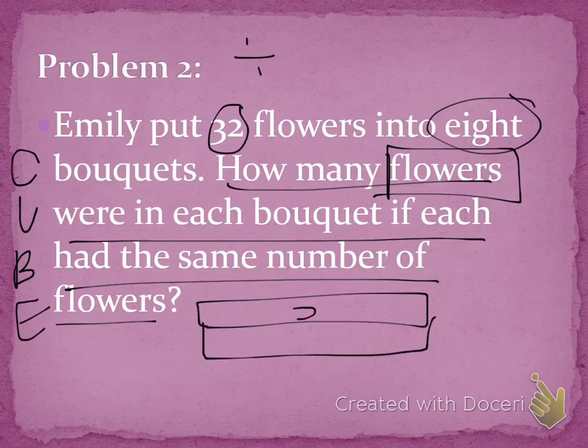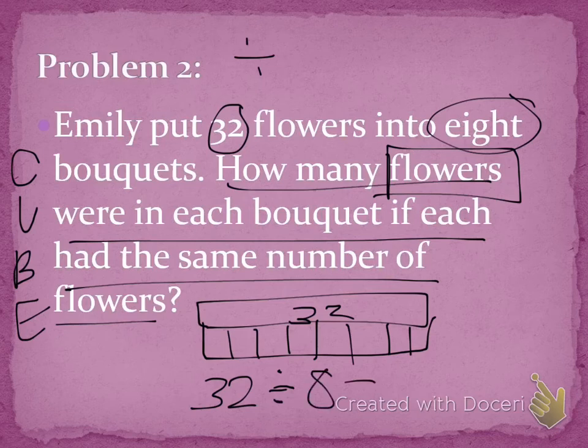I know that I'm going to have 32 flowers. And then I split the bottom part into 8 different sections because those would be each my bouquet. So my equation that goes along with my bar diagram I just created is 32 divided by 8 equals blank flowers.